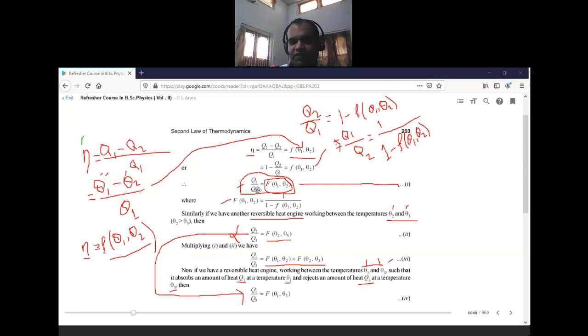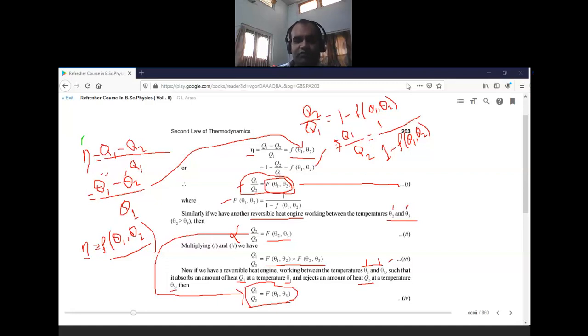Because if Q1 by Q2 is a function of theta 1 and theta 2, and Q2 by Q3 is a function of theta 2 and theta 3, therefore Q1 by Q3 is a function of theta 1 and theta 3. You don't even have to understand this; if you are getting an expression like Q1 Q2 theta 1 theta 2, Q2 Q3 theta 2 theta 3, then it is normal.